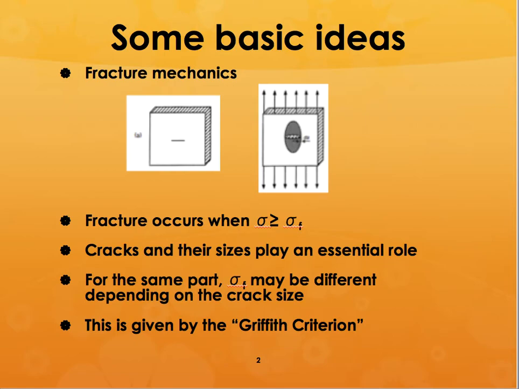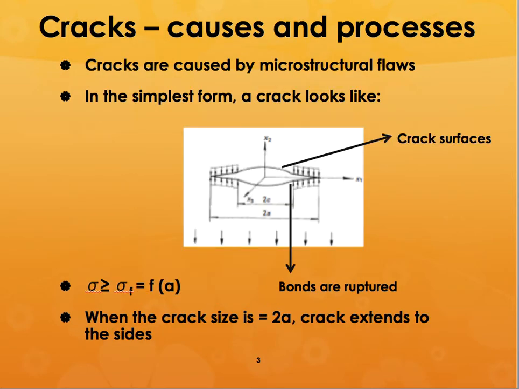So cracks and their sizes play a very important role in determining the properties of any material, especially brittle materials. For the same part, the fracture stress may be different depending upon the crack size, and this is the basic phenomenon given by what is euphemistically called the Griffith criterion.